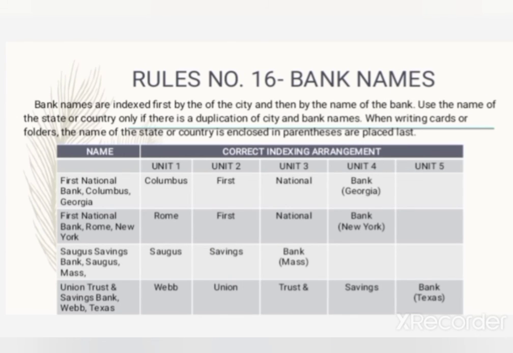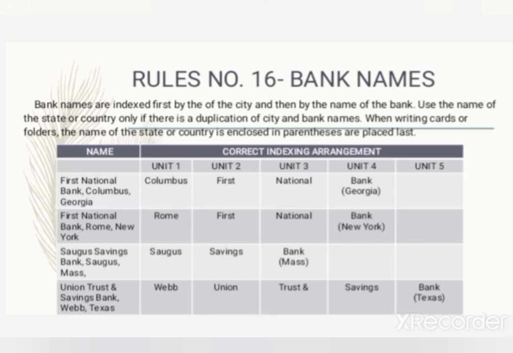Rule number 16. Bank names. In indexing bank names, the name of the city should be in the first unit, followed by the name of the bank, and in writing cards or folders, the name of the state or country should be in parentheses. So, for example, First National Bank, Columbus, Georgia.